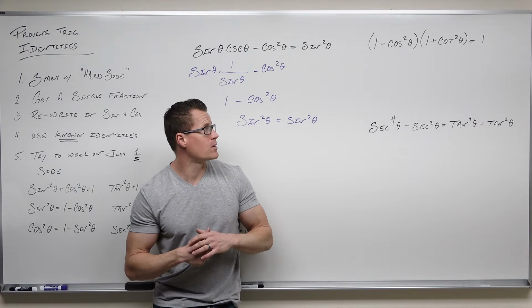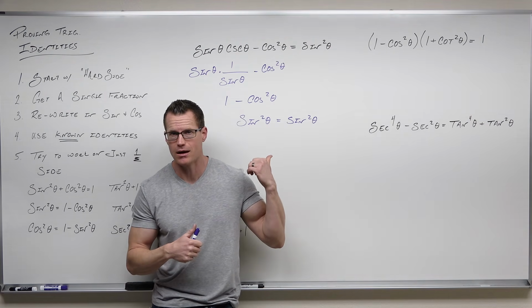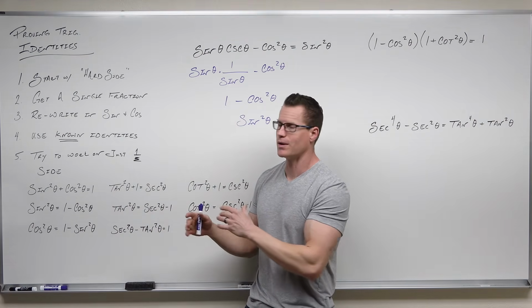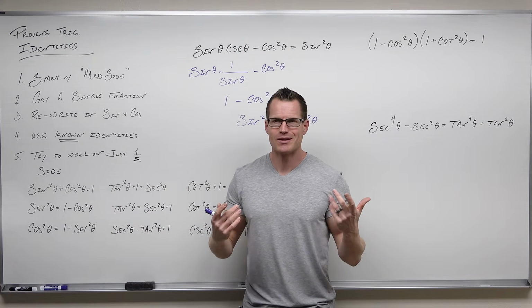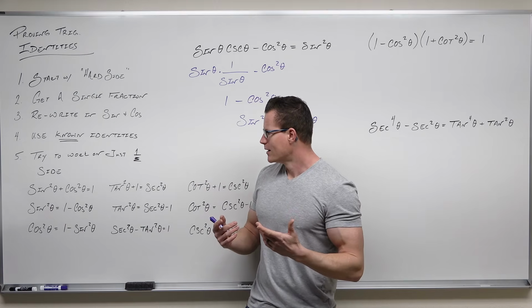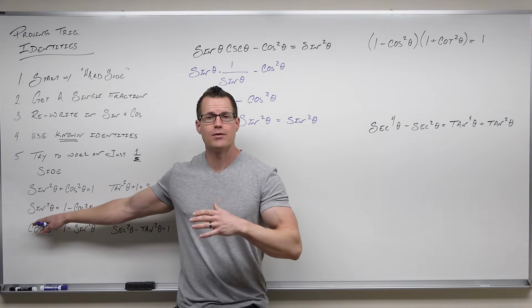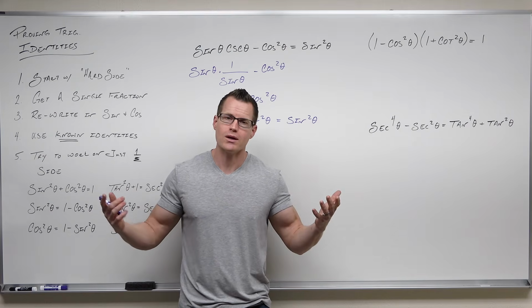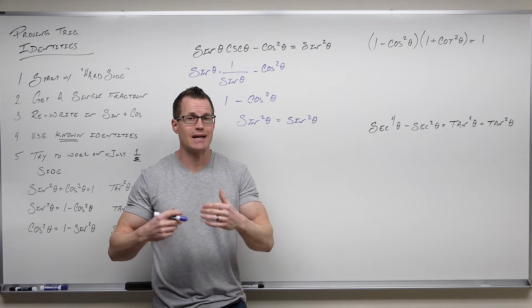So when we take a look at 1 minus cosine squared theta, we just did that. 1 minus cosine squared theta is an identity that is known. So 1 minus cosine squared theta is sine squared theta. That's great. Why change that if it's already an identity we want to use?